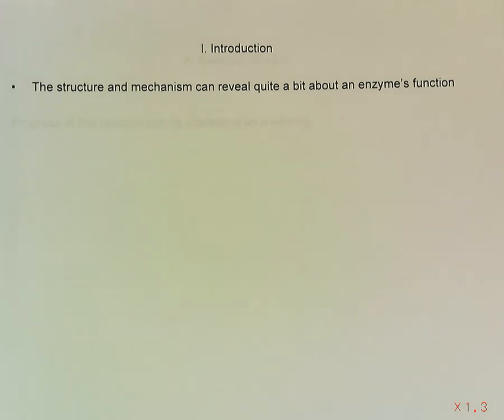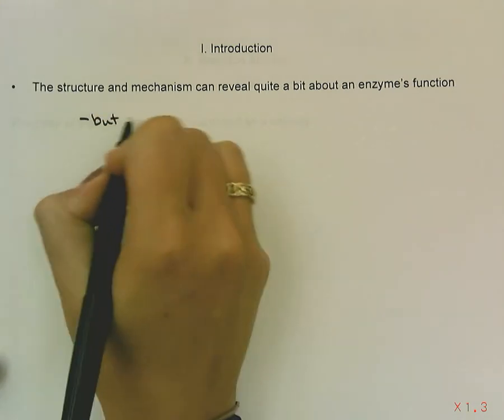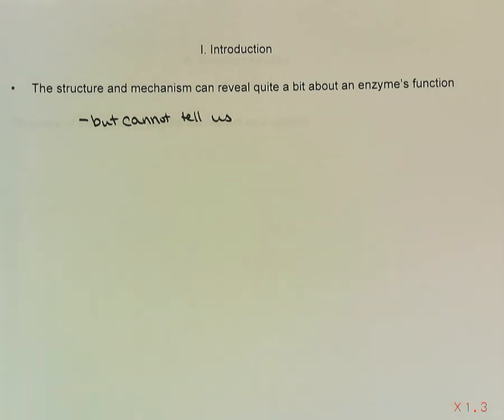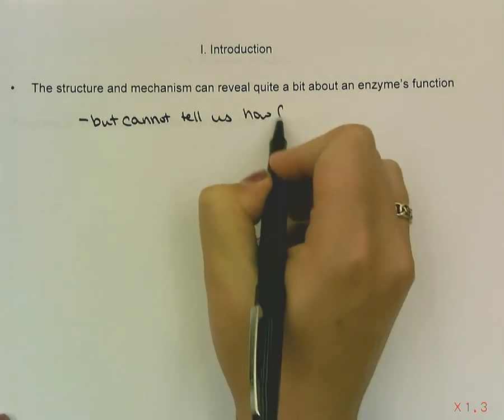All right, so the first thing that we're going to talk about in terms of this chapter is just a quick reminder that structure and mechanism tells us a lot about the enzyme's function, right? So everything we did in chapter 6, what's in the active site, what's going on, how does it bind both mechanically and electrostatically. But structure and mechanism alone cannot tell us how fast the reaction is.